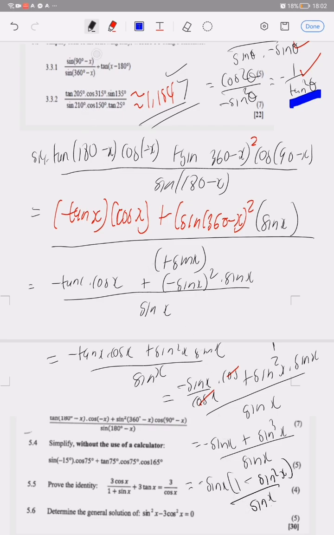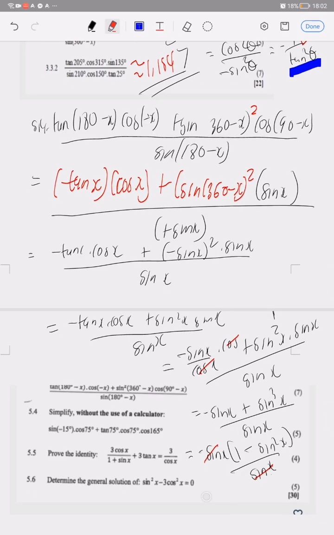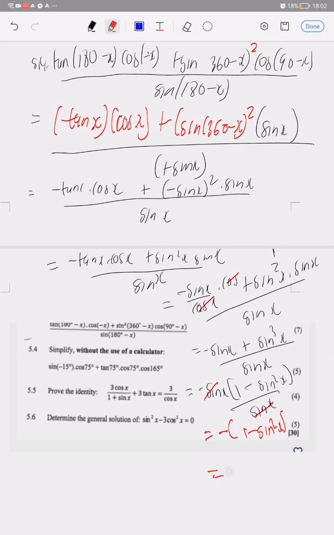So what can I do here? I can just cancel. I'll be left with negative 1 minus sine squared x, and this is the same as negative cos squared x. Remember, this is also an identity. So this is what I'm having.